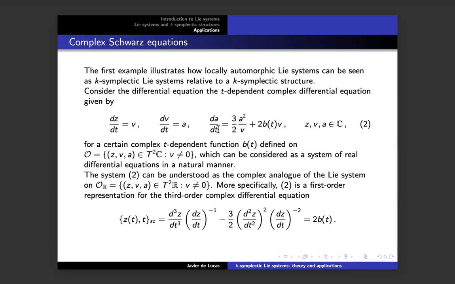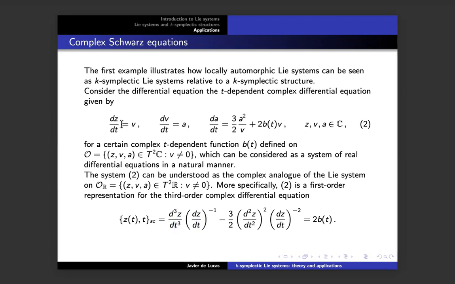This is related to the Schwarzian derivative that appears in certain problems, where z is complex and t is real. The complex Schwarzian derivative is such that t is not real; it's an element of a Riemann sphere. Here it is real. It has applications, but not all of them.